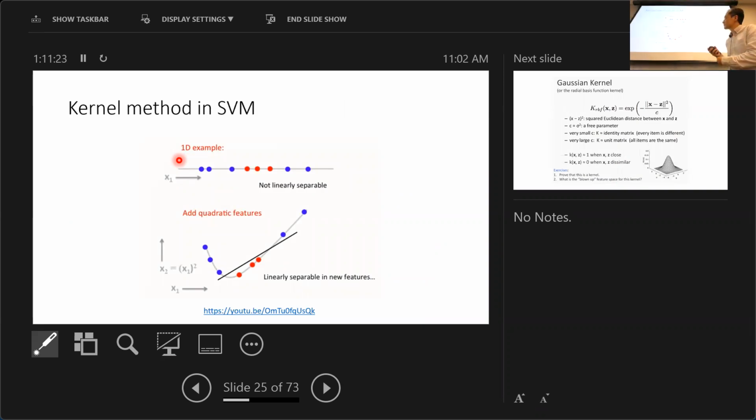Another example is a 1D example, where you put the points into 2D by taking the square of the variable and adding it to the y-axis, and it becomes separable.